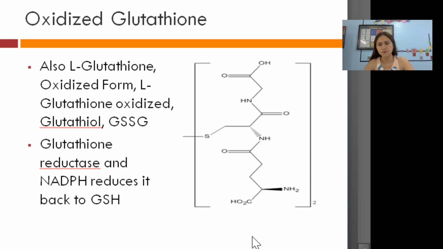So what can reduce the oxidized form of glutathione to the reduced form? Of course, that is the job of glutathione reductase. Glutathione reductase is an enzyme that reduces oxidized glutathione to reduced glutathione.